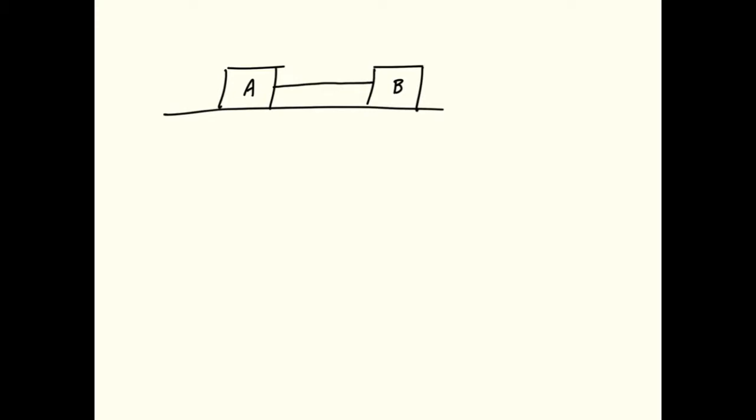So take the first block. Let's say block B is pulled to the right. So that means block A is going to feel a force from the string on it, and I'm going to call that a tension because that's the tension of the string acting on A. I'm going to write B acting on A. Now maybe I really should write FT string acting on A, but we're going to shortly see that it doesn't matter if you think of the string as being here or the string as being not here.